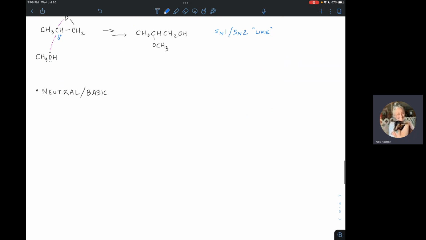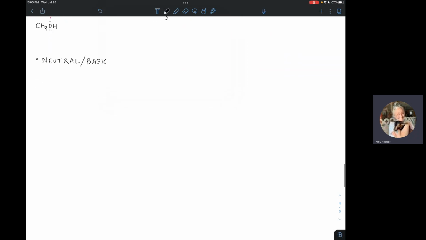It's SN1 sort of SN2 like. Under neutral or basic conditions, it is purely SN2 because we haven't protonated the epoxide first. Your nucleophile is going to attack the less substituted carbon, the least sterically hindered carbon, the one that has fewer substituents on it.